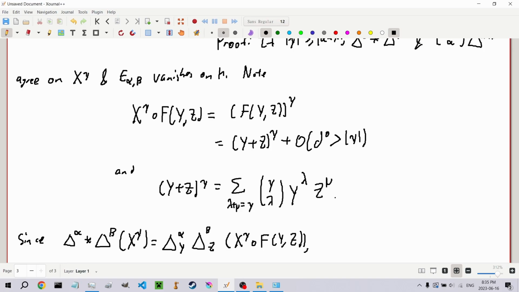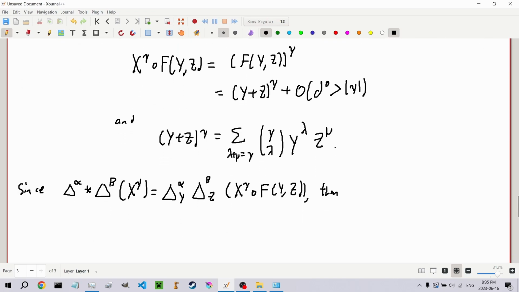So since we have this identity, we can get delta to the alpha on delta to the beta on x to the gamma is going to be alpha plus beta choose alpha if gamma is equal to alpha plus beta and is going to be 0 otherwise.